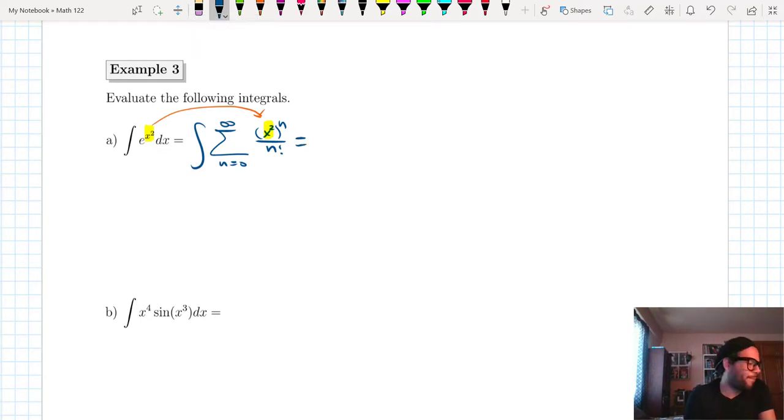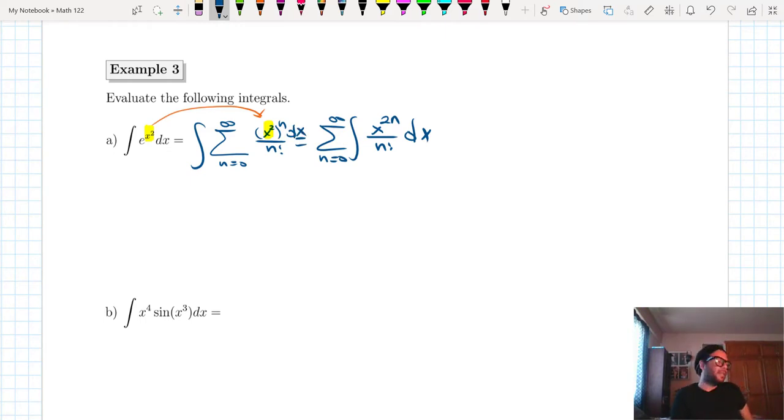I'm going to do something to avoid confusion with too many symbols: I'm going to flip the order between the summation symbol and the integral. This can be done. And this is x to the 2n over n factorial dx. Actually, I forgot the dx here. Notice the variable is x right here.